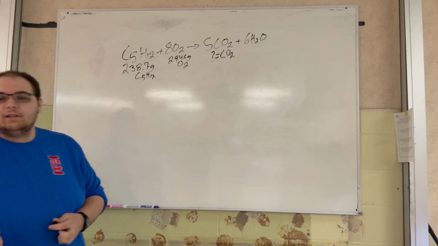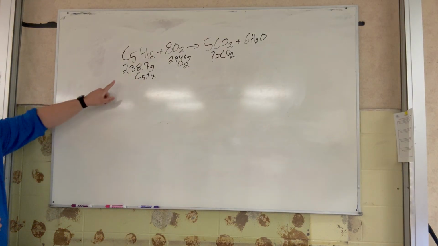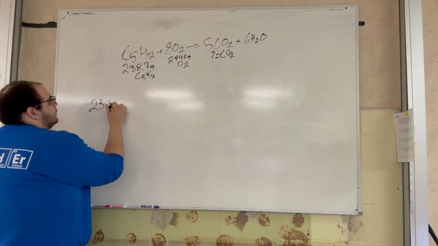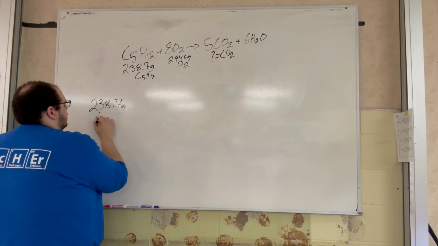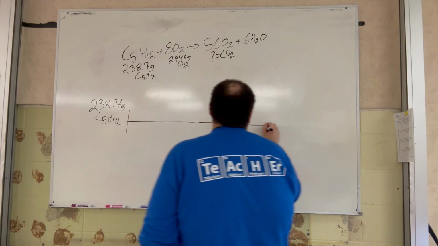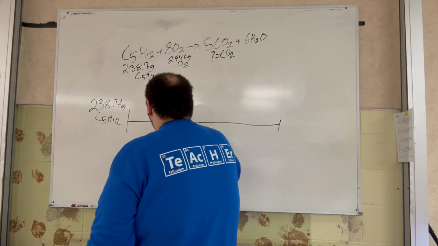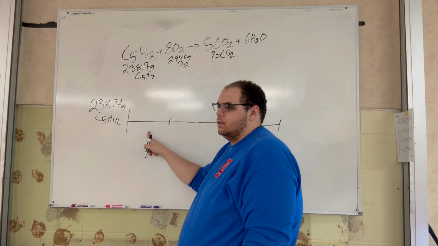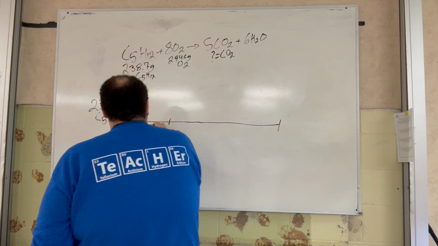I'm going to start my grid the same way I did before, right? Always start with my given. In this case, I'm going to start with 238.7 grams of C5H12. If I have grams of C5H12 here, what am I going to have down here? Perfect.